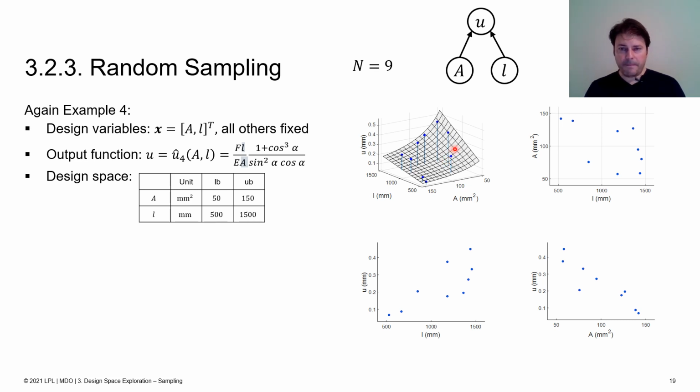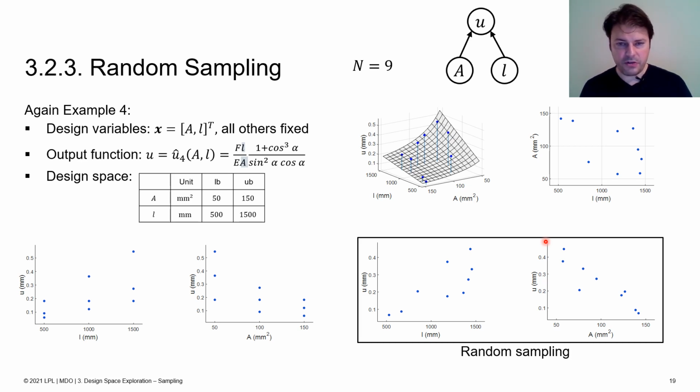And when we project them onto our UL and UA plane, we can tell that, yeah, it looks less structured. But you can still see how U increases upon increasing L, or how U decreases upon increasing A.